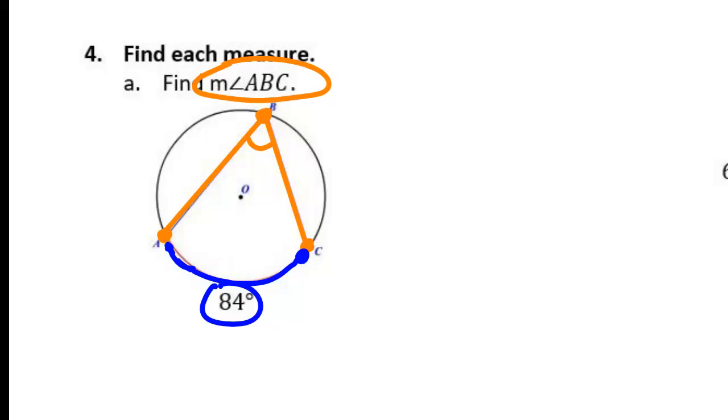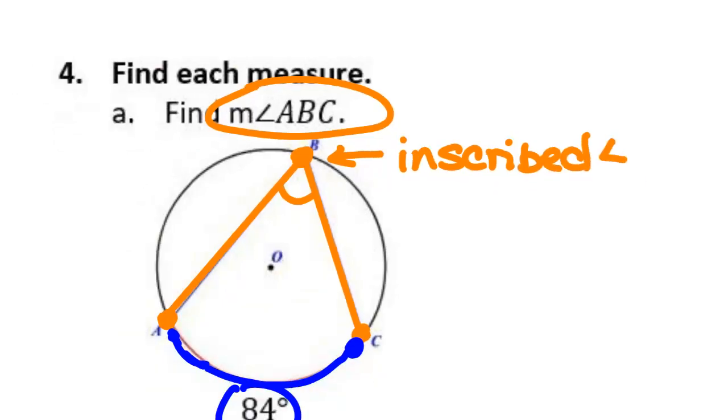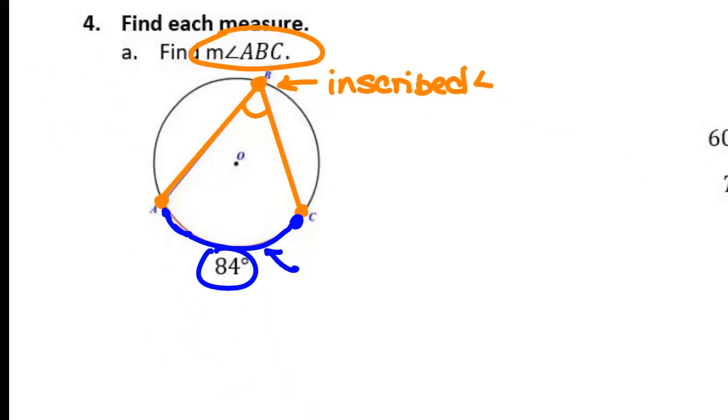This was our first bullet point up there. What do we know about the relationship between the arc and the angle? The angle is inscribed. Here's my inscribed angle. So that means this is my intercepted arc.